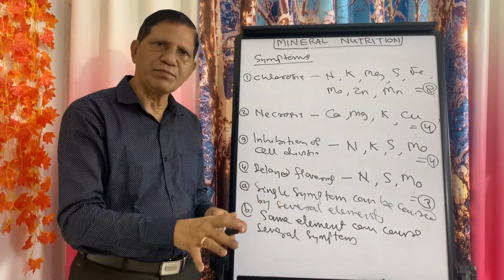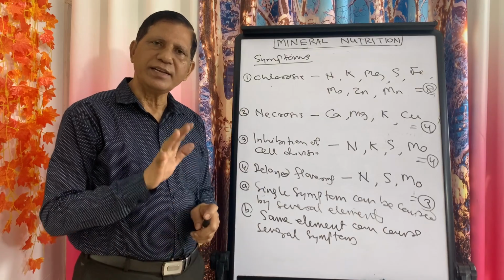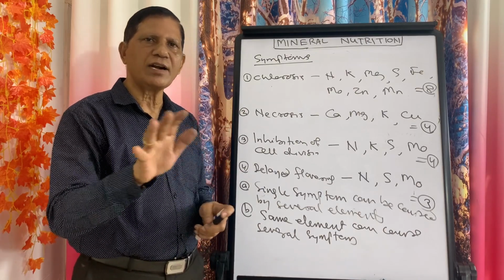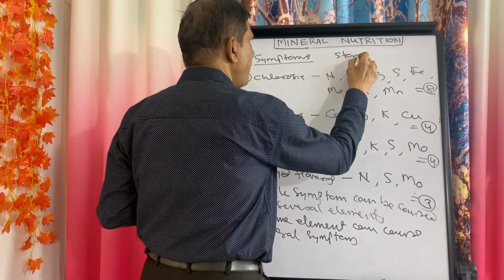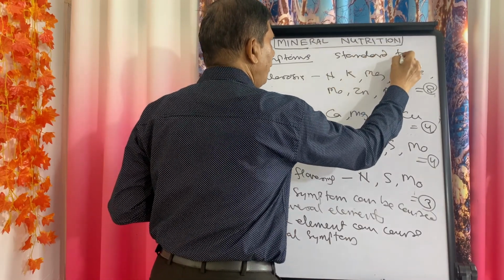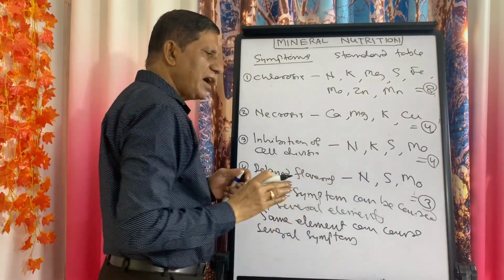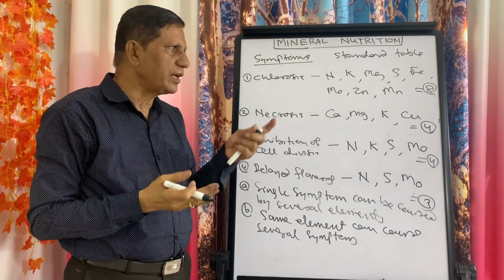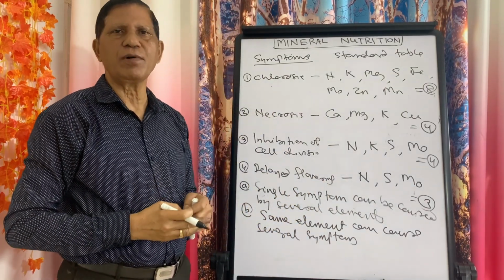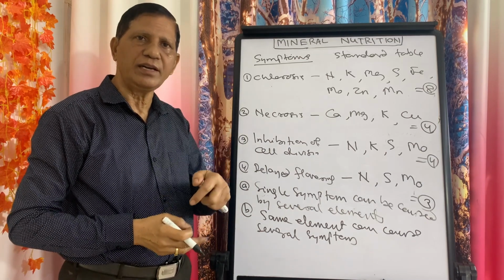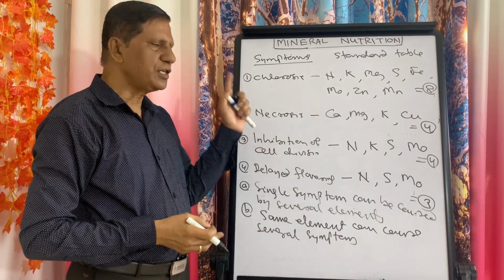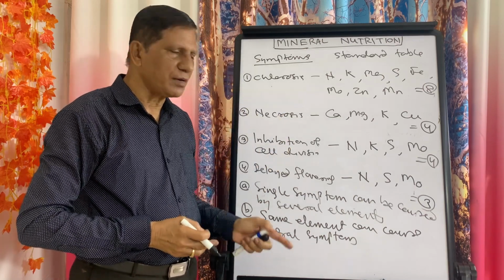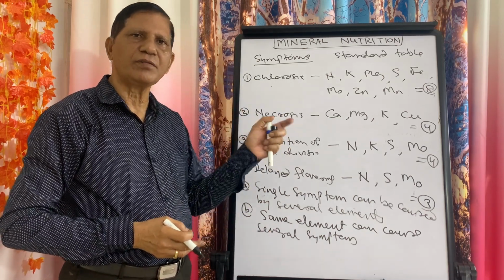All the symptoms we have to study, then compare them with a standard table, because scientists have prepared a standard table. We have to compare how many symptoms are observed due to the deficiency of that particular element. Then only can we be certain that these symptoms are due to deficiency of that particular element.